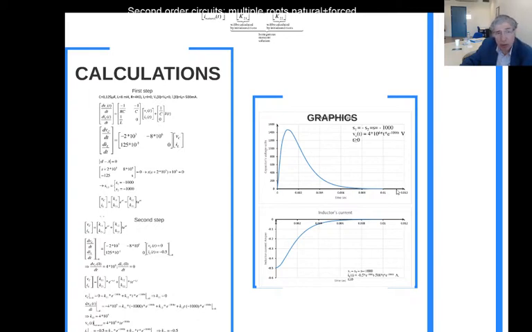Why is that? Because these are related with the limited energy stored on the capacitors and inductors. So when this energy is absorbed by the resistor in the circuit, that energy finishes. Energy finishes means currents and voltages become 0.